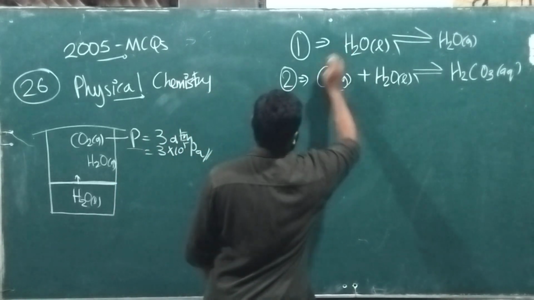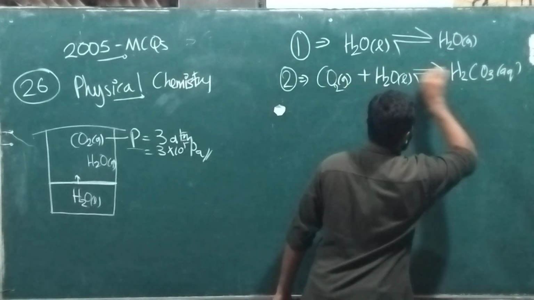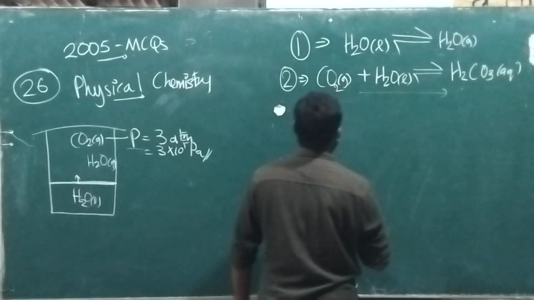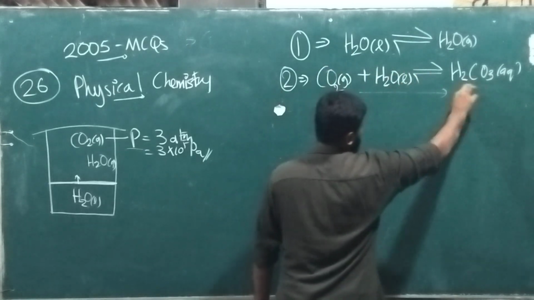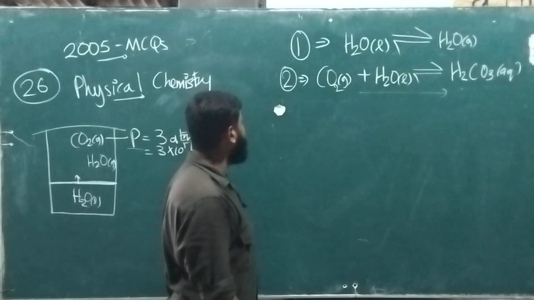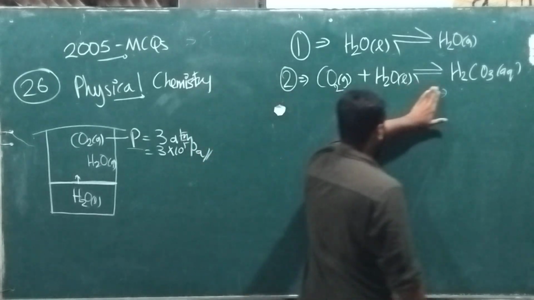So if you increase the pressure, obviously according to Le Chatelier's principle, it will move towards the right-hand side to reduce the pressure. So here you will get this product. That's why we have the higher pressure in the system.